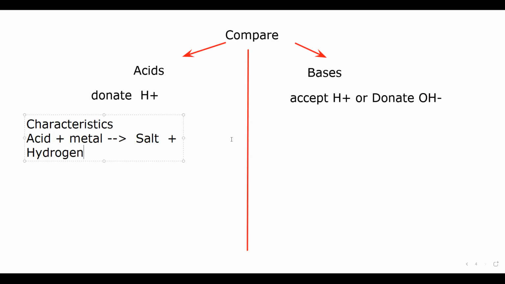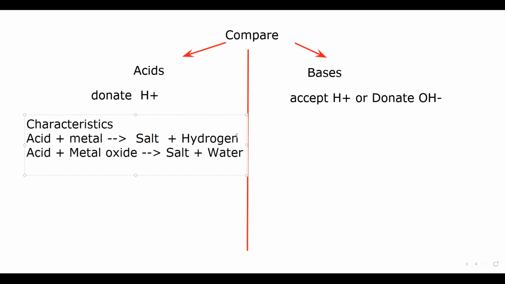The second one, when acid is mixed with metal oxide, this will result in formation of salt and water. And when acid is mixed with metal hydroxide, this will result in a formation of salt plus water.